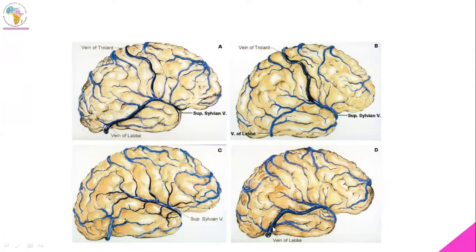So in general, the lateral surface of the brain is drained in 3 directions: superiorly towards the superior sinus, inferiorly towards the transverse sinus, and medially towards the superficial Sylvian vein. And the superficial Sylvian vein will sometimes make an anastomotic connection with the other 2 sinuses through the vein of Labbé or the vein of Trolard.